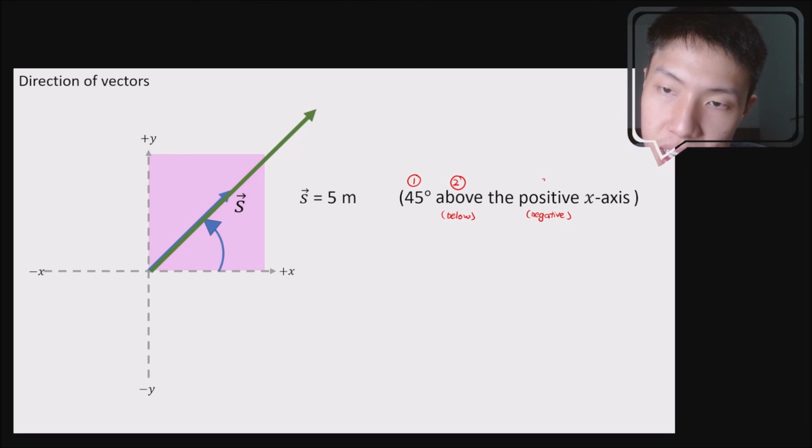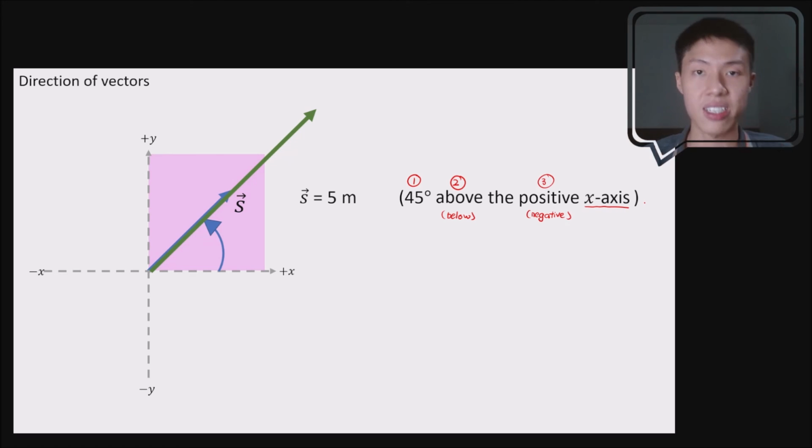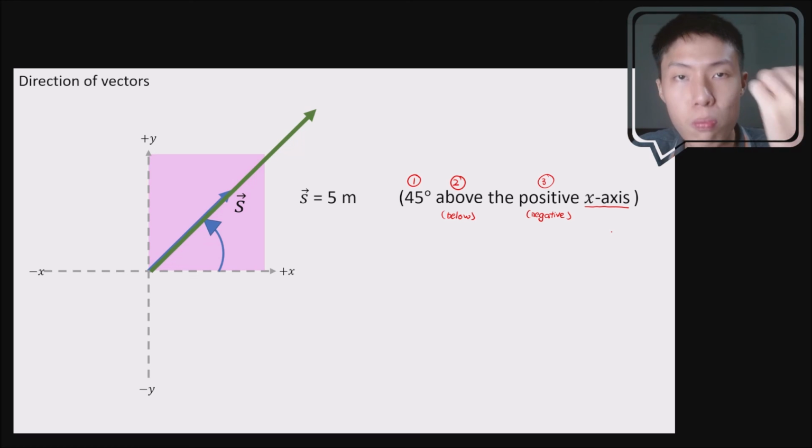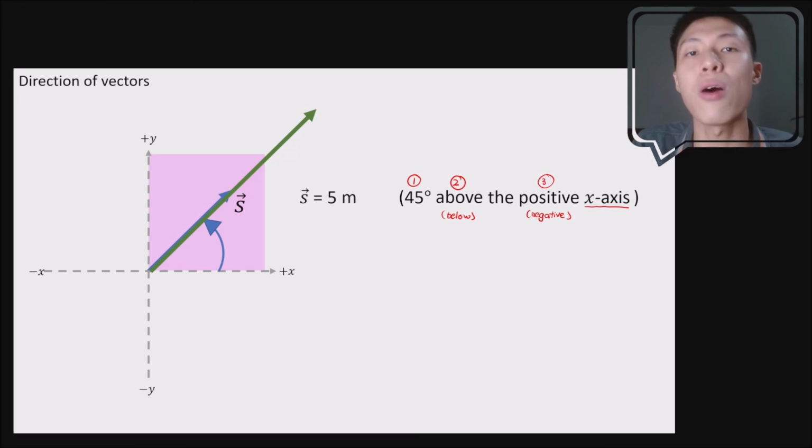That's the third thing that you need to write. Then the word behind is always x-axis. We usually do it using x-axis, we never really do it using y-axis. So three things I need to write: angle, above or below, positive or negative. That's how you define the direction of a vector.